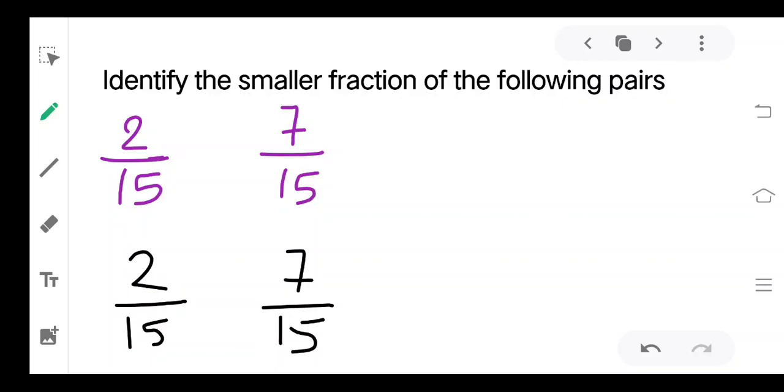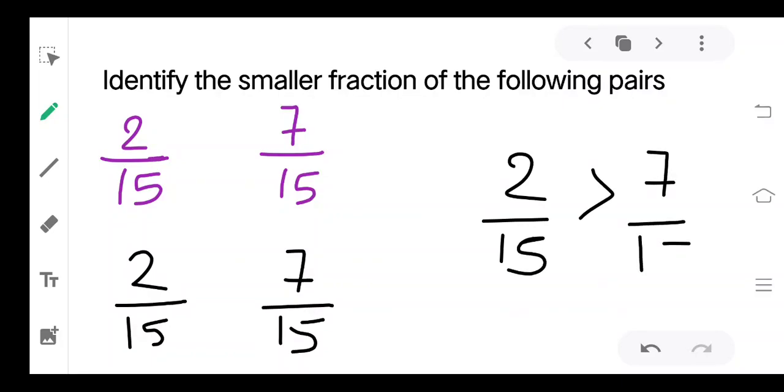So when we compare, 2 upon 15 is smaller than 7 upon 15.